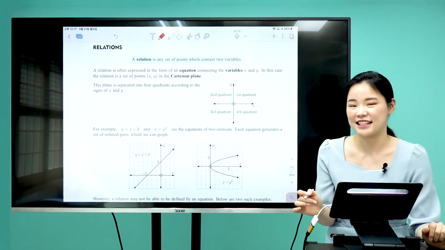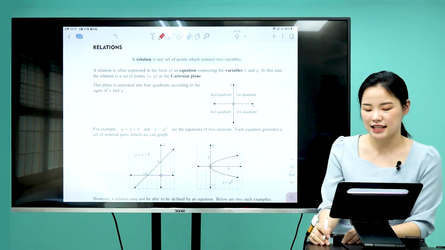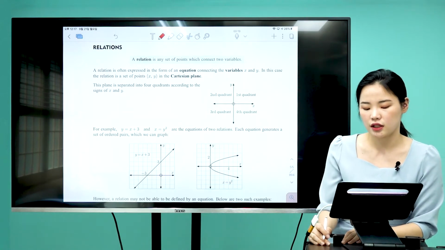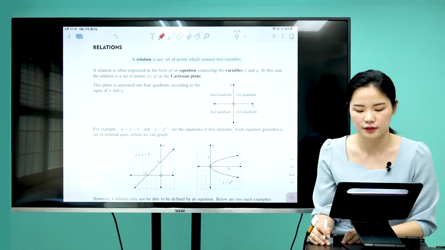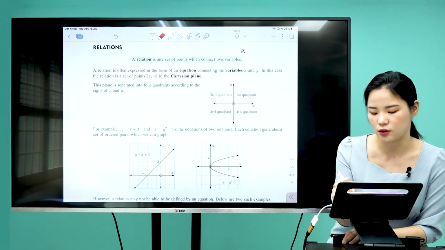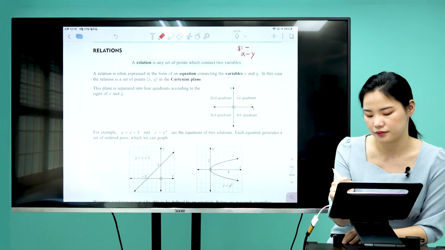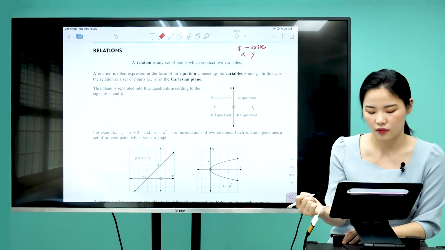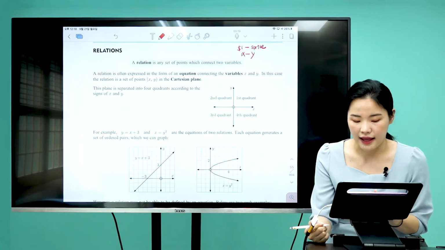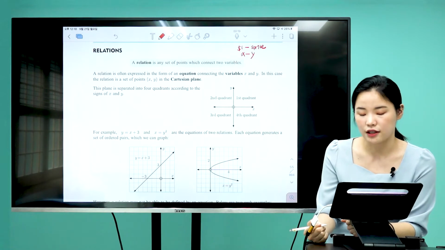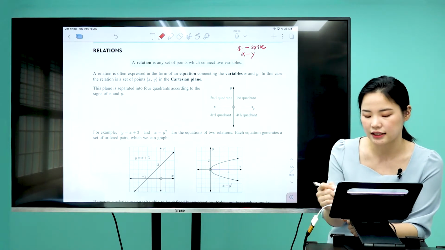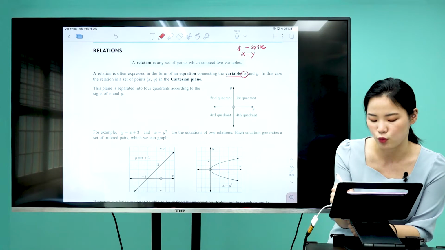A relation is any set of points which connect two variables like x and y, or price to the product. A relation in math is often expressed in the form of an equation connecting the variables x and y.